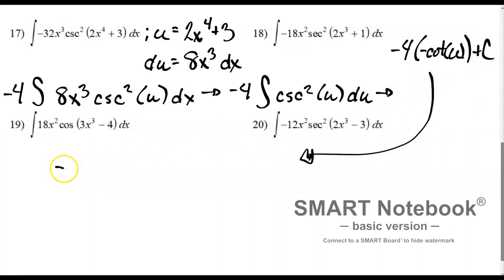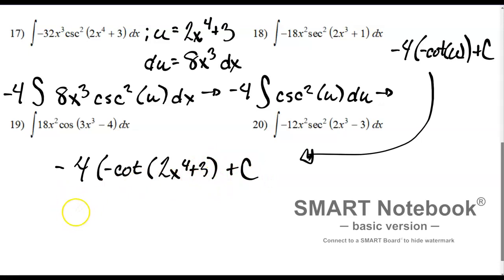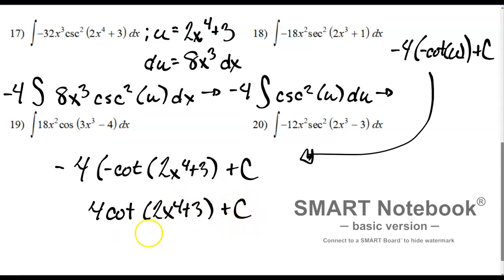I'll deal with that in a bit. Cotan u, where u is 2x to the 4th plus 3. And finally, we can write it as just 4 cotan of 2x to the 4th plus 3, producing our family of integrals.